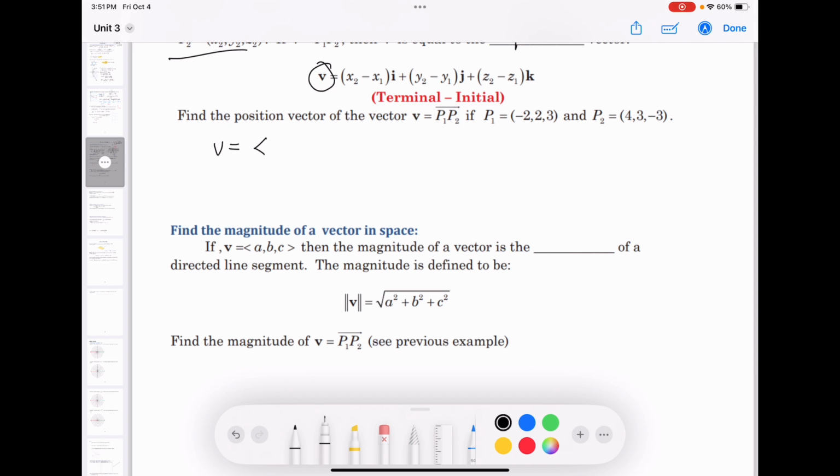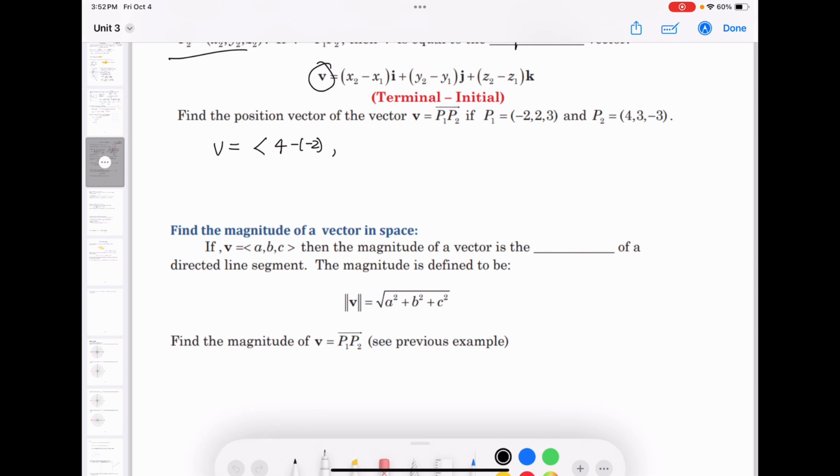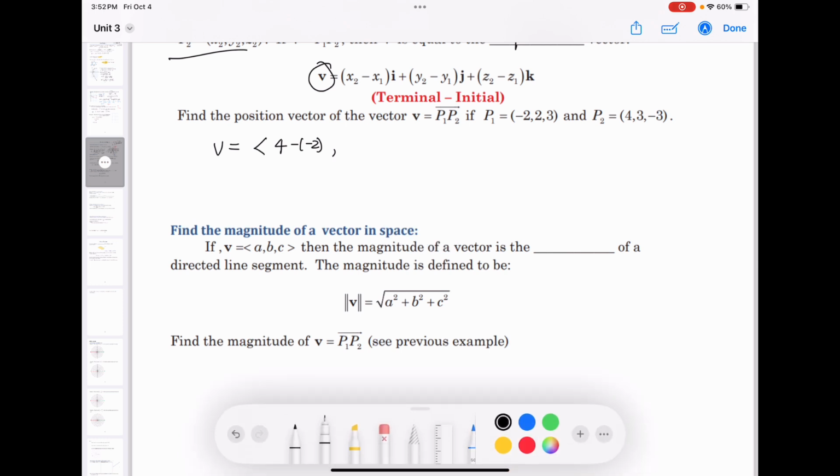The x component is the difference of the x: use the second x, 4 minus negative 2, comma 3 minus 2, and then comma negative 3 minus 3. Let's do the computation. It is 6, 1, negative 6. And in ijk form, v is equal to 6i plus 1j minus 6k. Okay, let's move on.